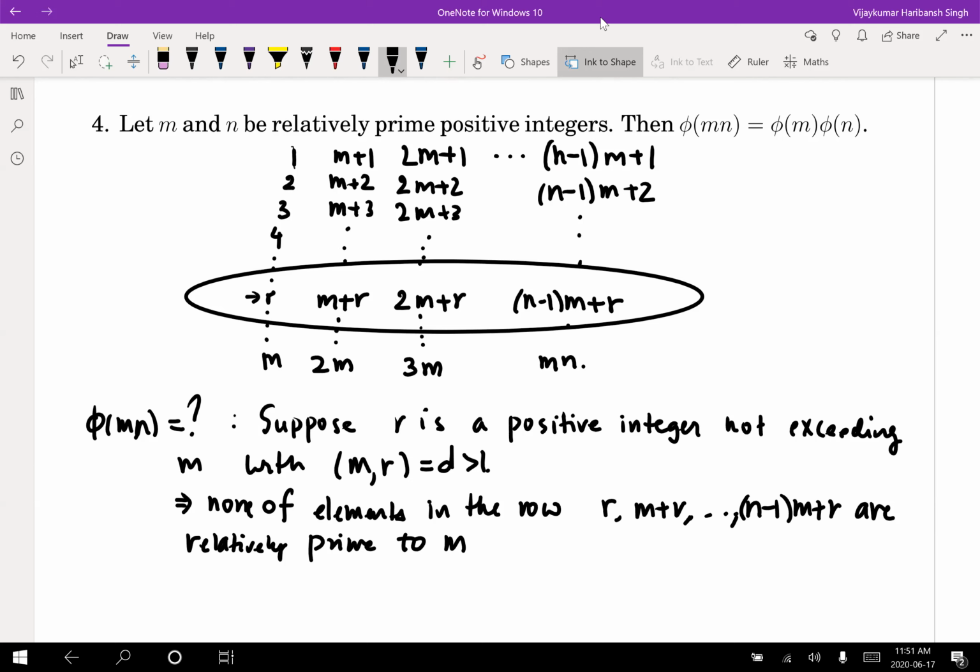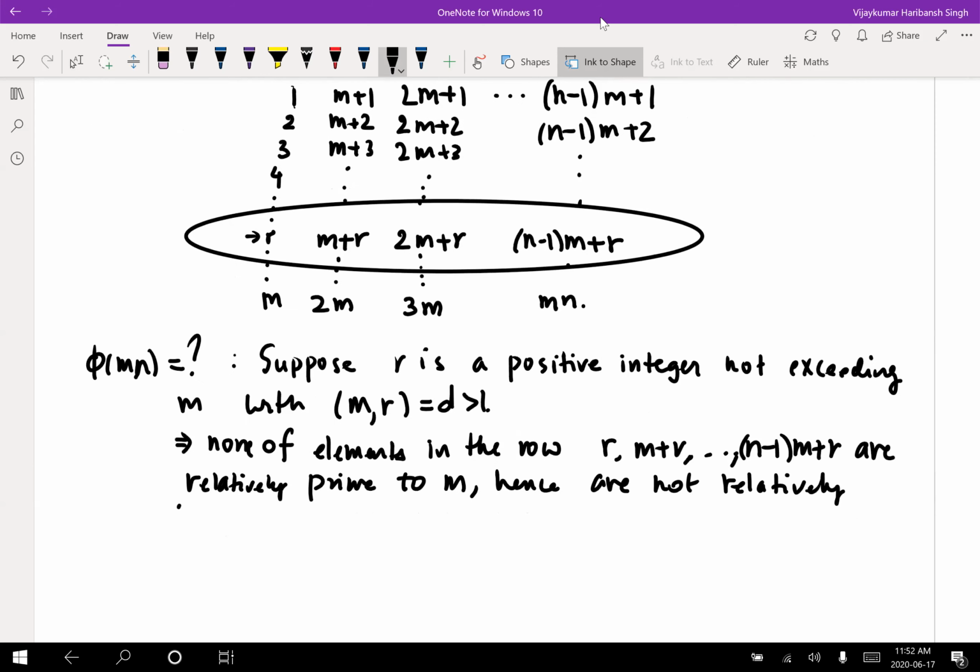Yeah, so none of these elements are relatively prime to m, and hence will not contribute to phi of mn, right? None of these are relatively prime to m, and hence are not relatively prime to mn, right? Because they will share a factor with m, and consequently they will share a factor with mn.